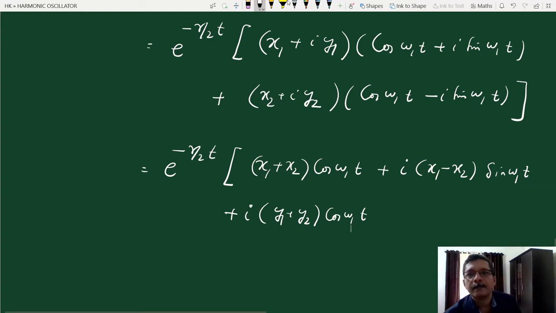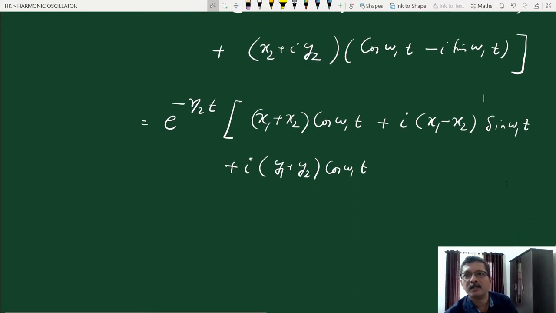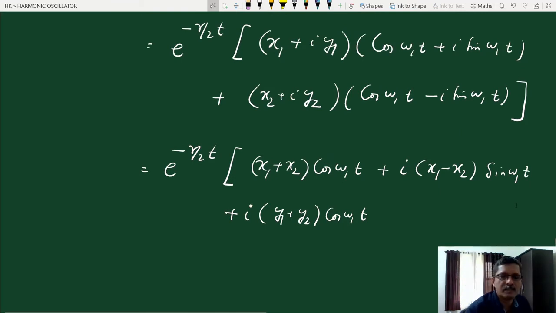Then you have another term, iy1 times i sin omega 1t. i into i is i square, which is minus 1. So you have minus y1 sin omega 1t. Here you have iy2 times minus i sin omega 1t. So i square is minus, and minus times minus will be plus. So you have y2 sin omega 1t. If I take sin omega 1t outside, you have y2 minus y1 sin omega 1t.